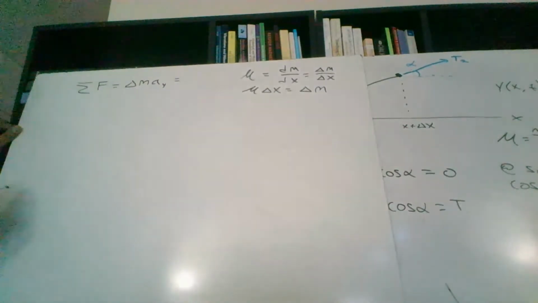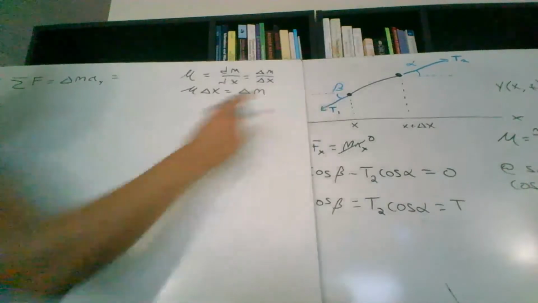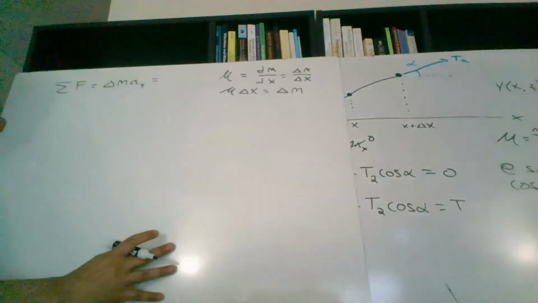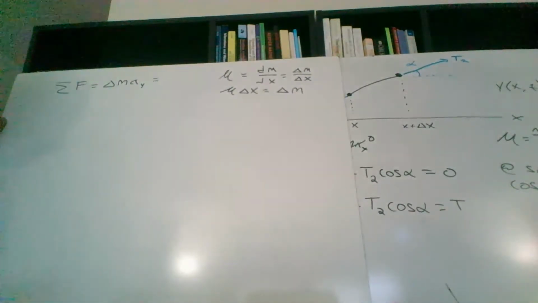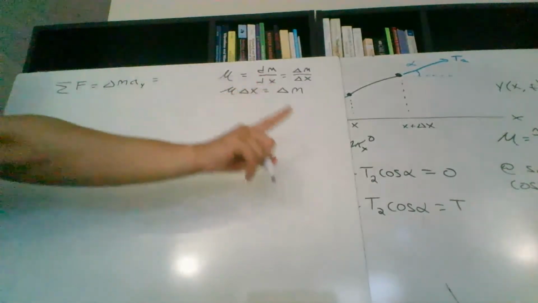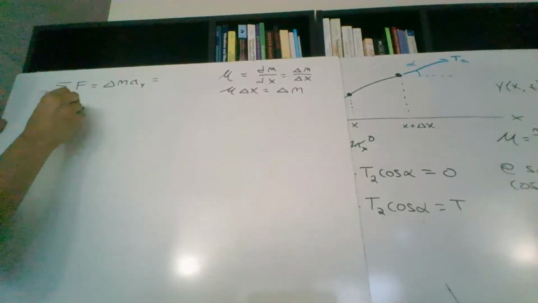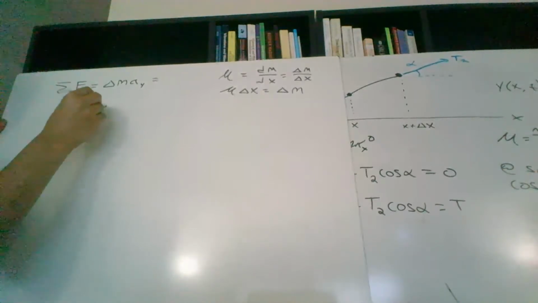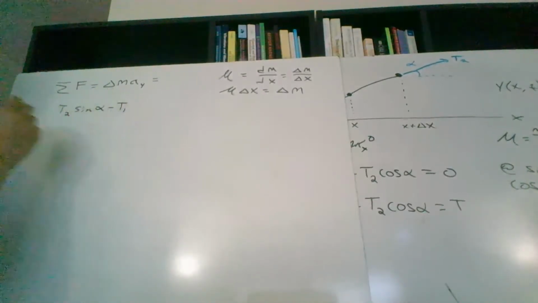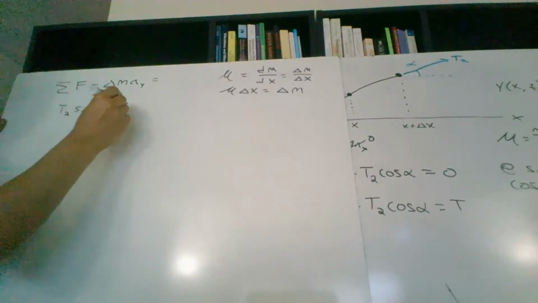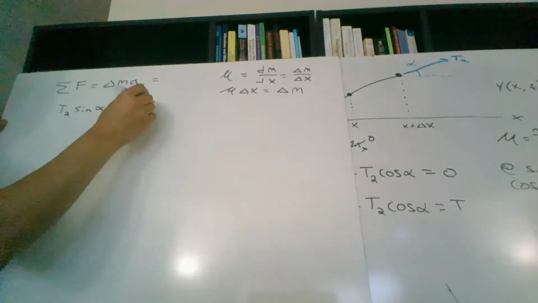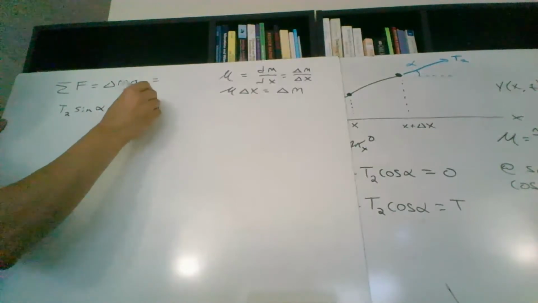So the sum of forces in the y direction, you do the components in the y direction. It's going to be T2 sine alpha, because that one's pointing up, minus T1 sine beta.